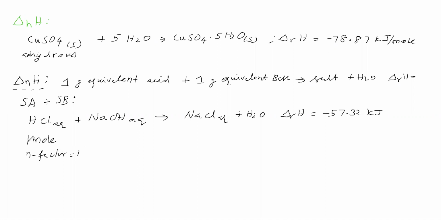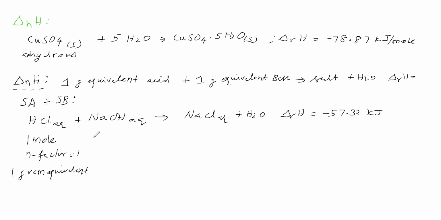When n factor is 1, the number of moles and number of gram equivalents are equal. So 1 mole and 1 gram equivalent are the same. So for the reaction we have taken 1 gram equivalent of HCl.